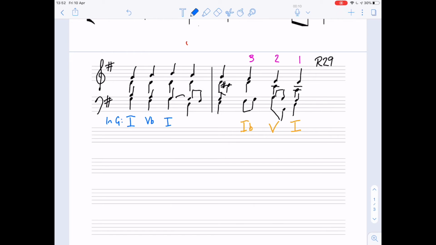Interesting, it's suspended here, so D, A, D, F sharp, chord 5.